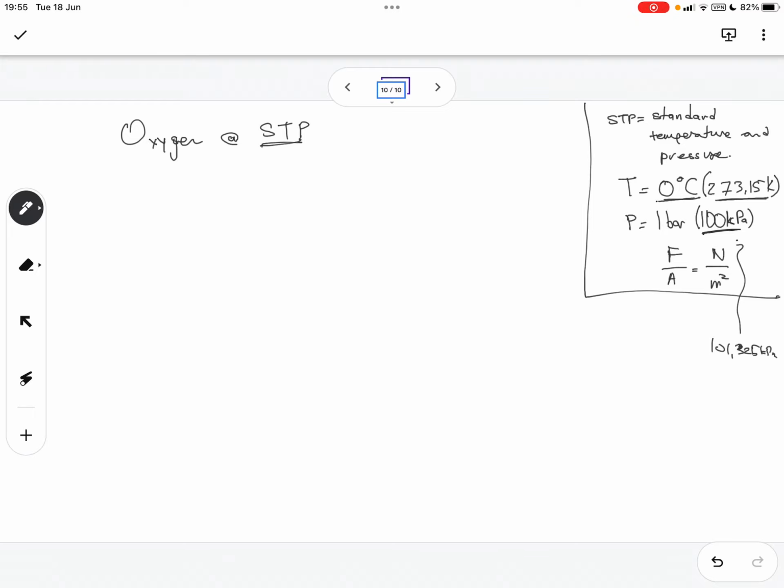So what volume of oxygen at standard temperature and pressure is needed to complete a combustion of 2 dm cubed of propane, C3H8? The hint we're given is that carbon dioxide and H2O are products.